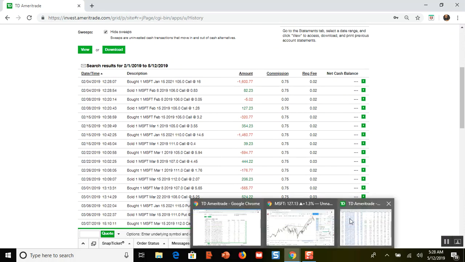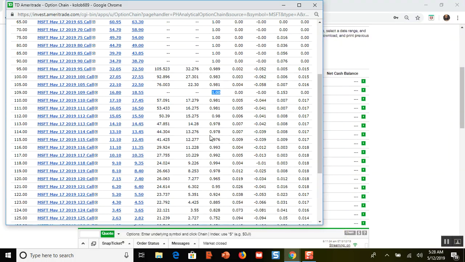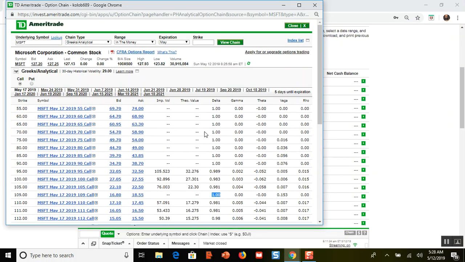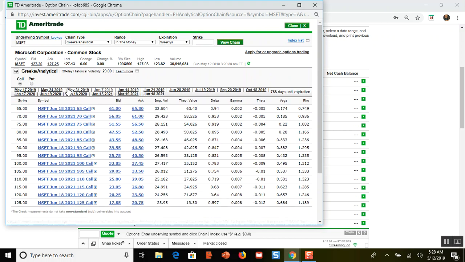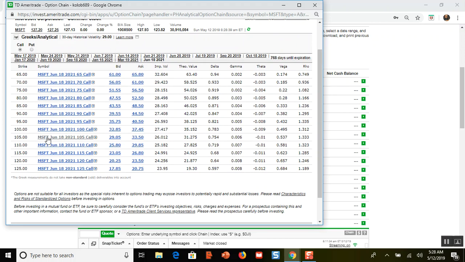So if we go back to the delta, right, imagine if right now, okay, right now Microsoft is at 127. Imagine if right now you had this 105 call, okay, and here's the 105 call right there, and it has a delta of 75.